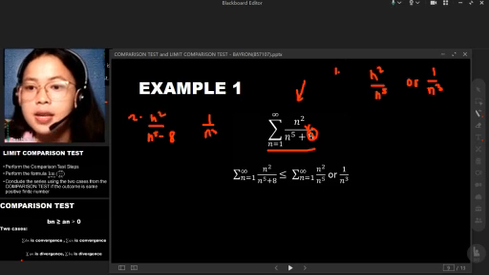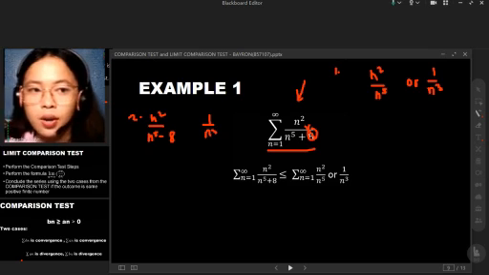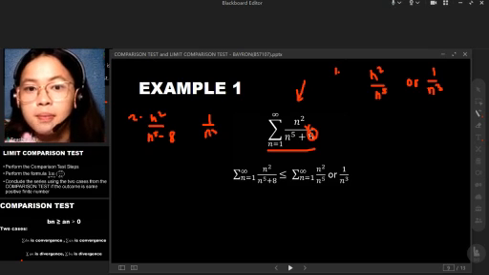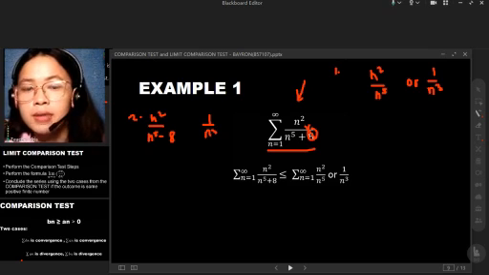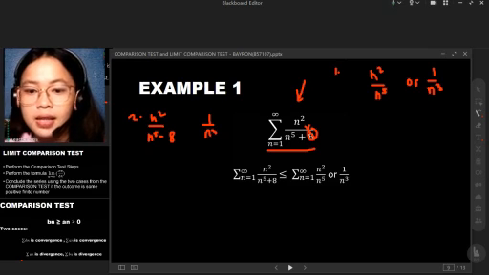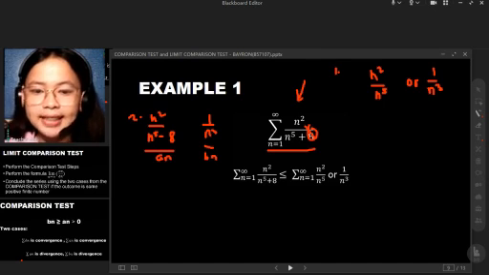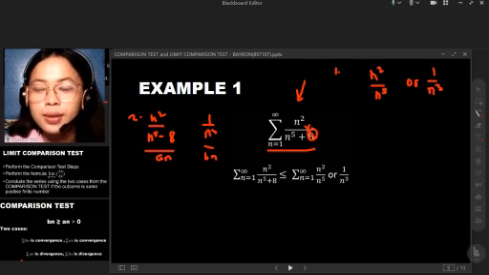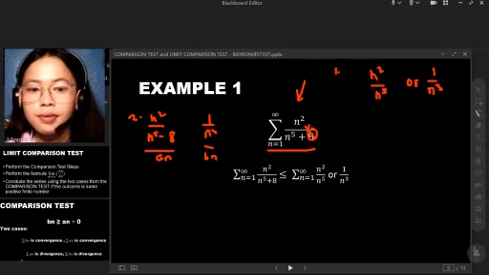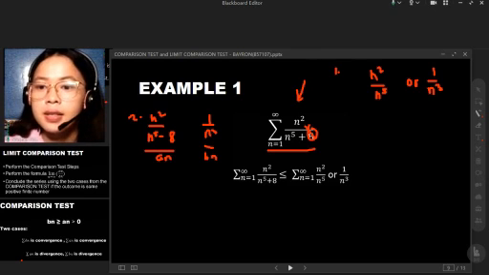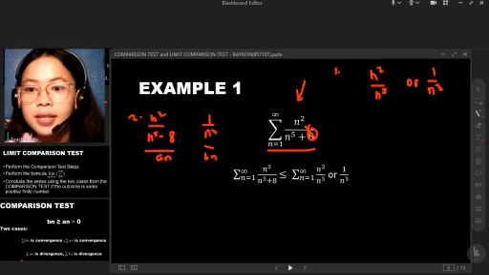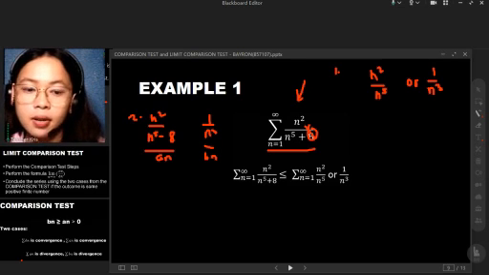As you can see, if you determine the big sequence and the small sequence using the denominator, then this will be our small sequence and this will be our big sequence. Now we're going to determine the comparison series, whether it is divergence or convergence.